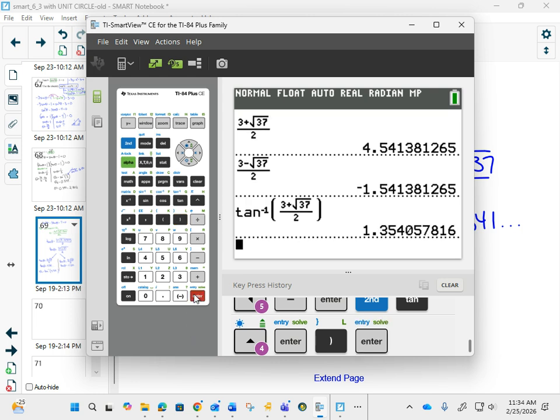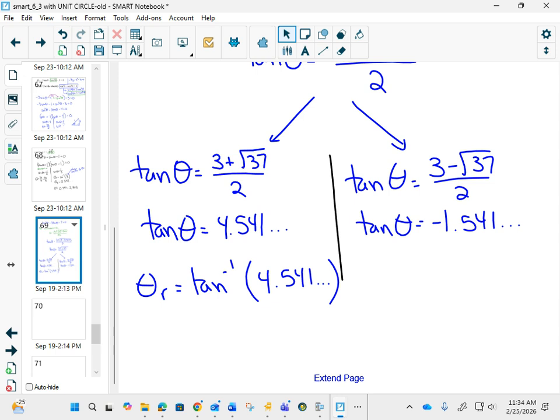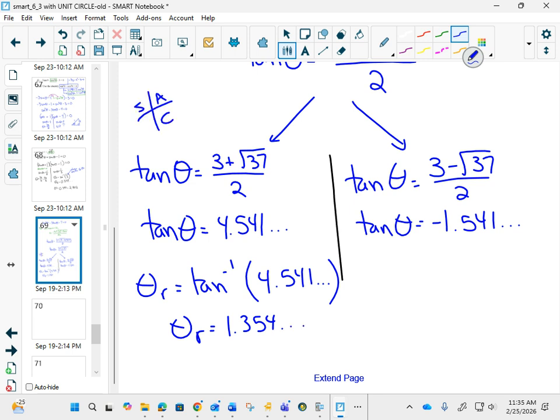I push enter, and I get a reference angle of 1.354 dot, dot, dot. According to my CAST rule, tan was positive, so I'd be looking in quadrant 1 and quadrant 3.